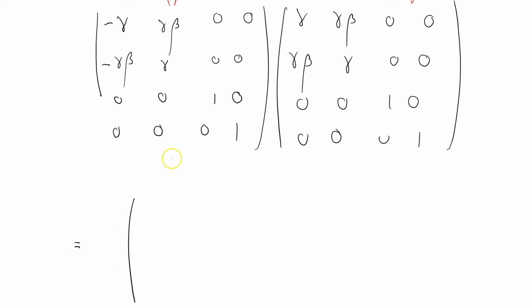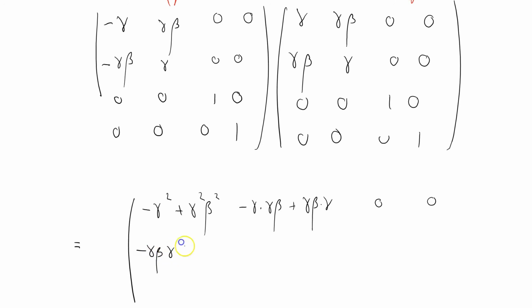Top left, we've got minus gamma squared plus gamma squared beta squared. Doing the top row first, here we've got minus gamma times gamma beta plus gamma beta times gamma, 0, 0. Second row, I'm doing second row, first column.